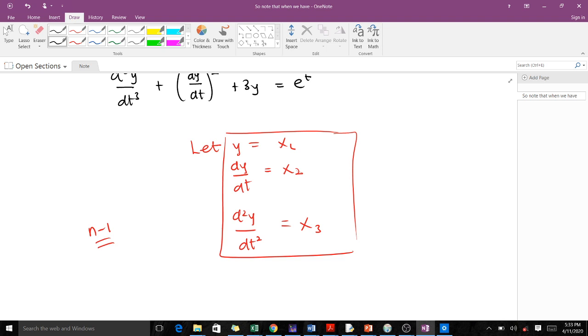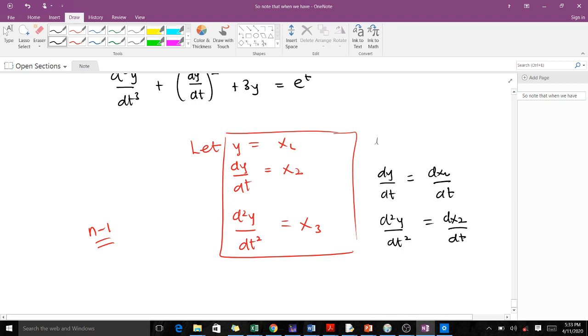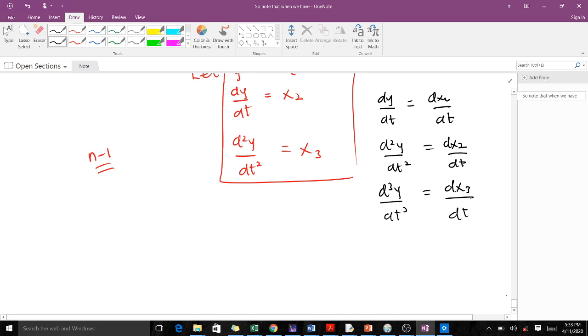So when we get this equation, next thing we do is that we differentiate both sides of the equation. When you differentiate both sides of this first equation, we'll get dy/dt be equal to dx1/dt. With the second one, we are going to get d^2y/dt^2 be equal to dx2/dt. And with the third one, d^3y/dt^3 will give us dx3/dt.